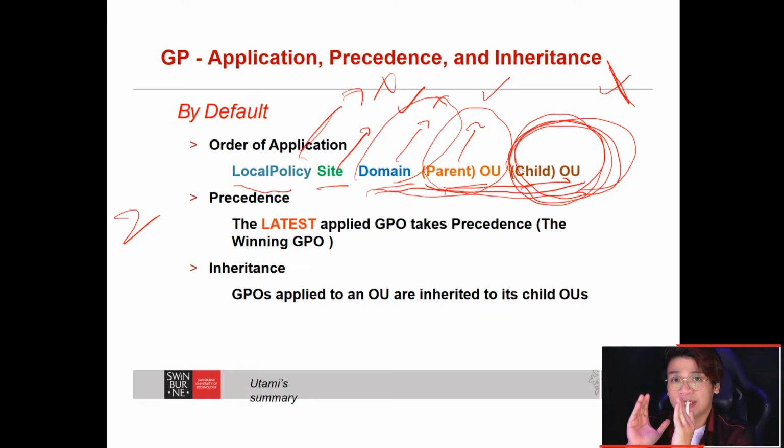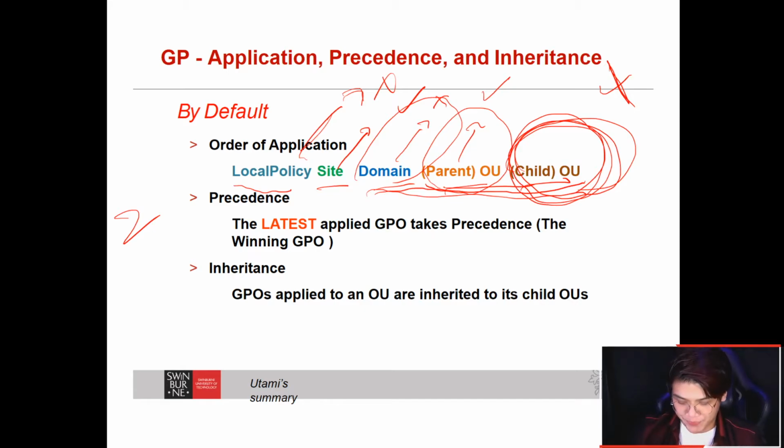One GPO says can change wallpaper, and one says you cannot change wallpaper. The GPO that you applied the latest wins. Maybe today you say you cannot change wallpaper, tomorrow you say you can change wallpaper, but you haven't deleted the GPO from yesterday. So the latest GPO that you apply, which is the can change wallpaper, takes place. So the latest GPO wins.